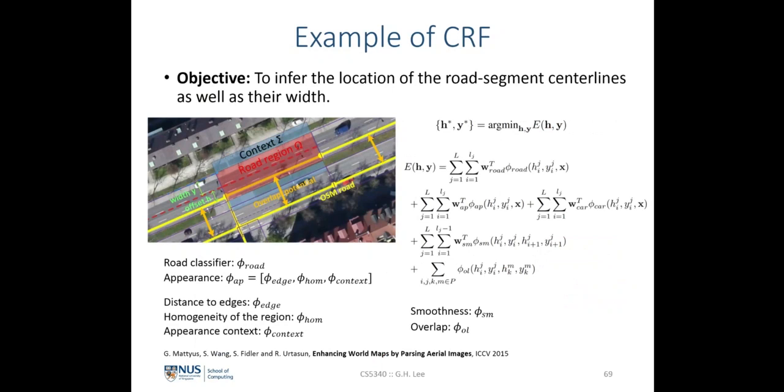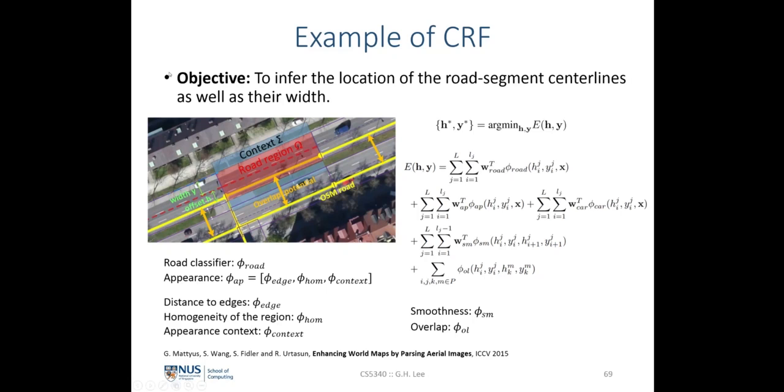Here's another example that makes use of a conditional random field to model the road segments of the center lines of roads from aerial images, for example in Google Maps or OpenStreetMap. In those cases, the center of the road is often mismatched because it's really very labor intensive to draw all this into the scene, and there is often a mismatch from automation algorithms.